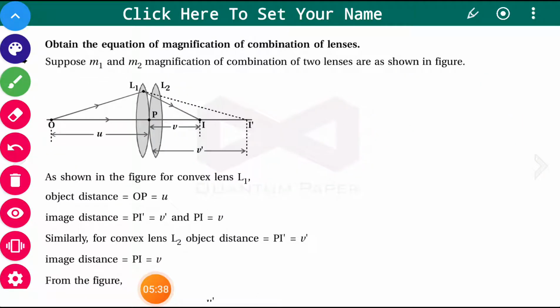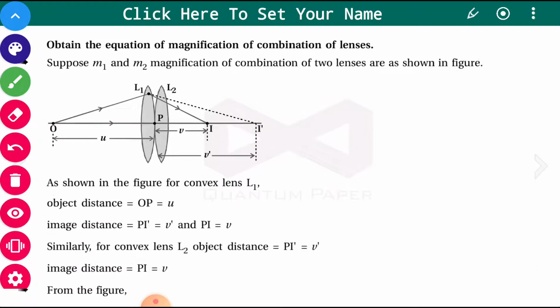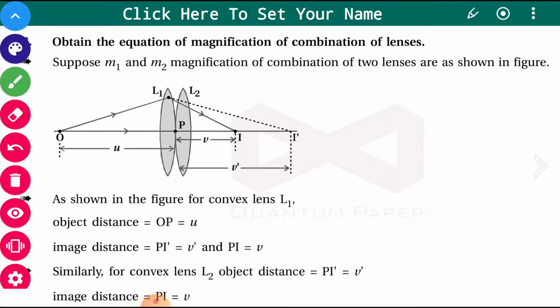Now we talk about the equation of magnification of a combination of lenses. Same figure, but some notations are different. Initially the object is at point O, at object distance u from the first lens. Its image is formed at I prime, the image formed by the first lens.